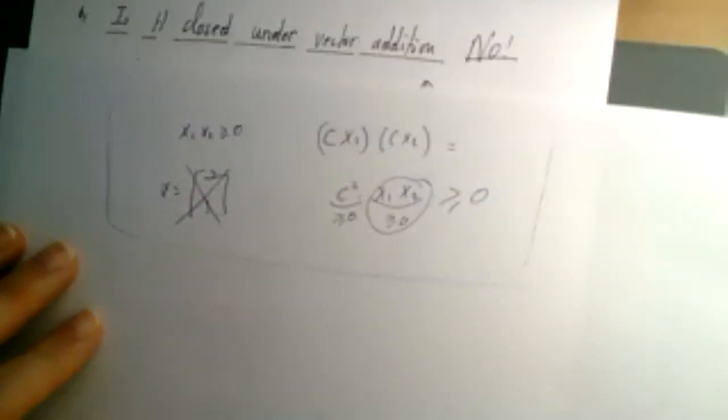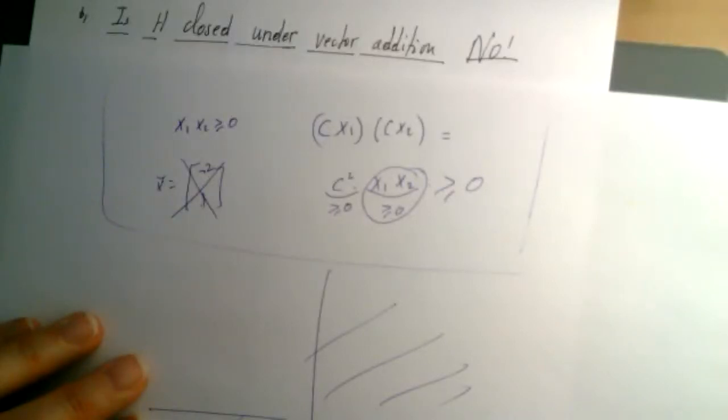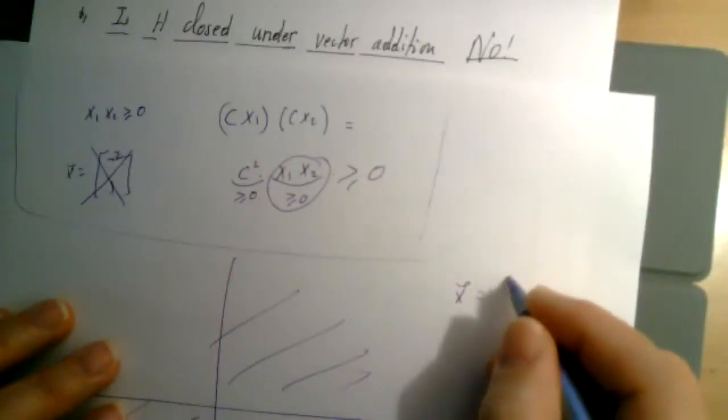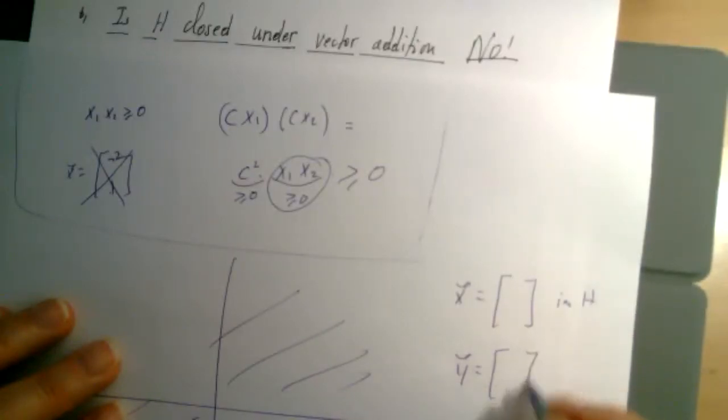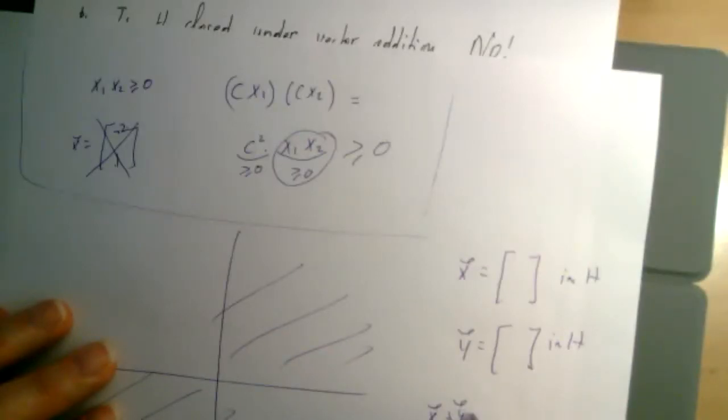I'm expecting answers. So it means my H is those. And geometrically, it seems that scalar multiplication holds but vector addition fails. I want two vectors, x and y, both in H. But when you add them, the new vector does not satisfy the property of H. All right, so who's ready?